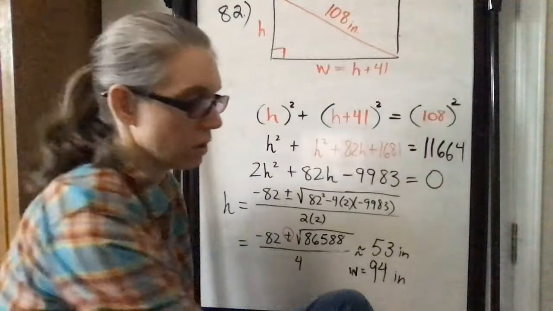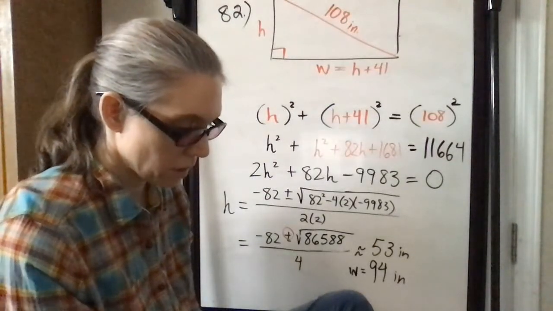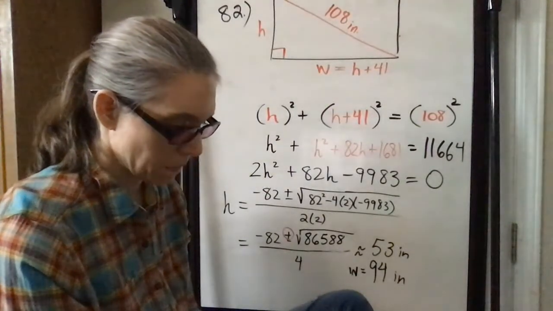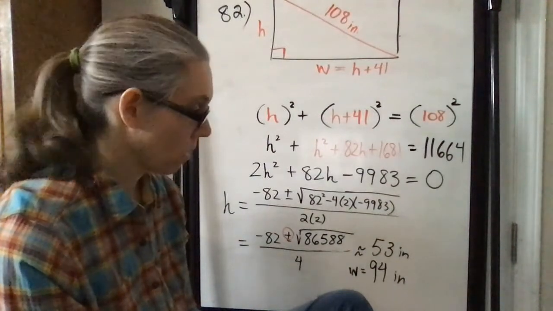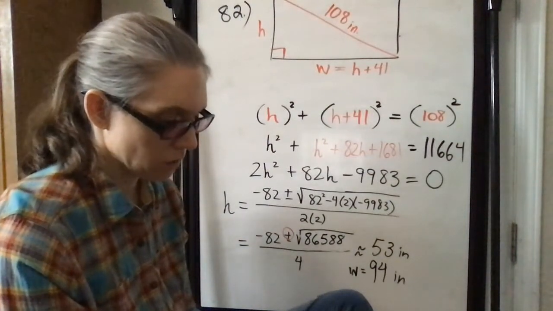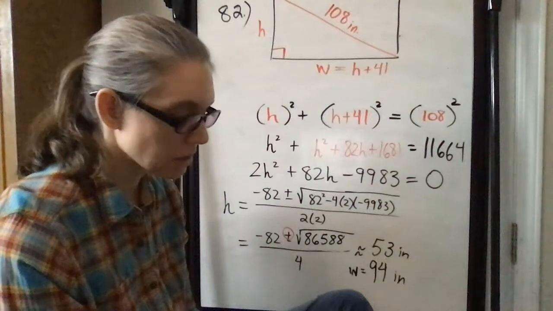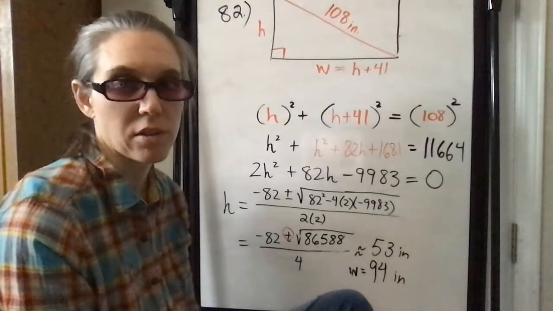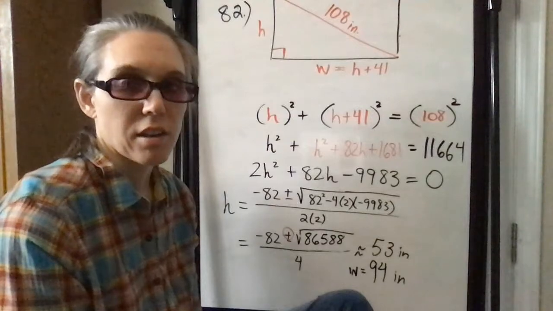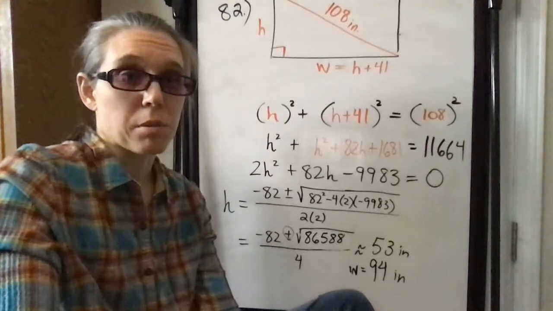So you can even check here, 53 squared plus 94 squared. If you take the square root of that, it should approximately be 108. Yeah, you get 107.9, which would round to 108. So there you go. So that's the first word problem.